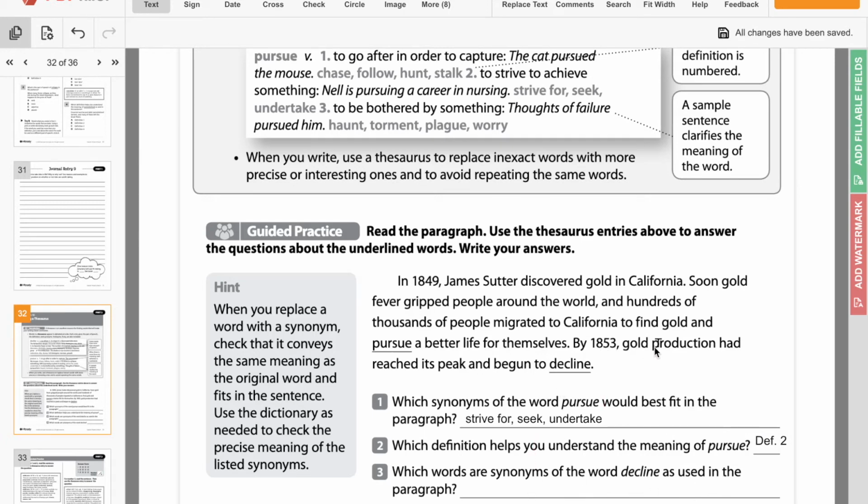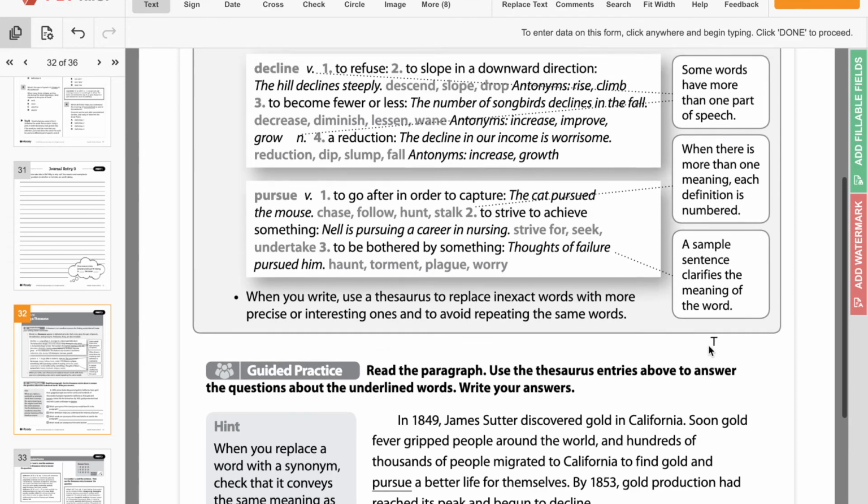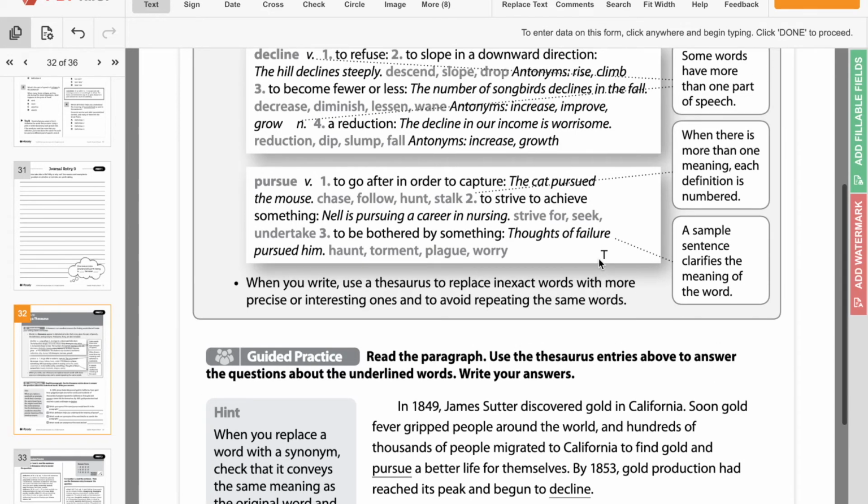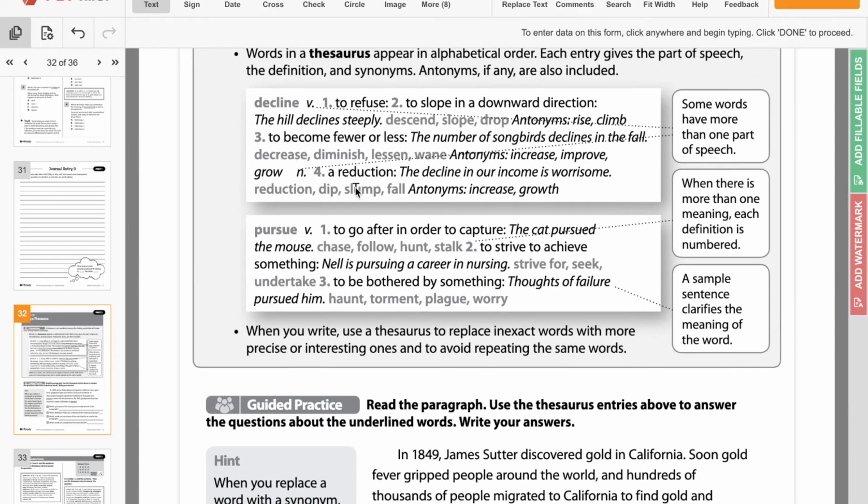So by 1853, gold production had reached its peak, which means that it reached its most potential or the most number of gold production, like the highest level, and begun to decline. So we look at our definitions for decline. What we're looking at here is a verb, so we know that definition 4 is not going to be correct.